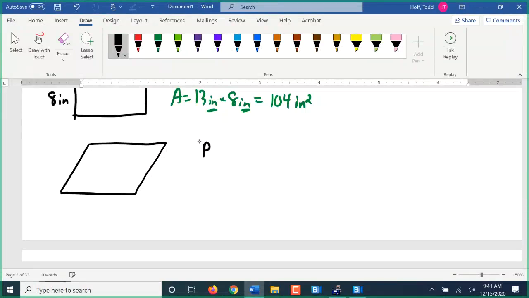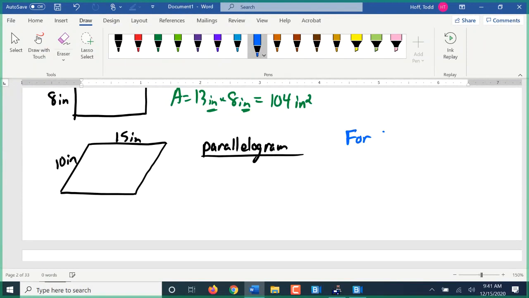This is a parallelogram. If I give you that this is 15 inches here, and this is 10 inches, I cannot use those dimensions to find an area. To find area, we need two perpendicular dimensions.